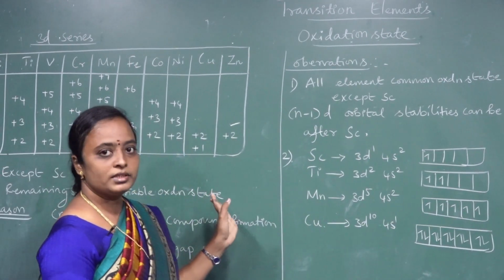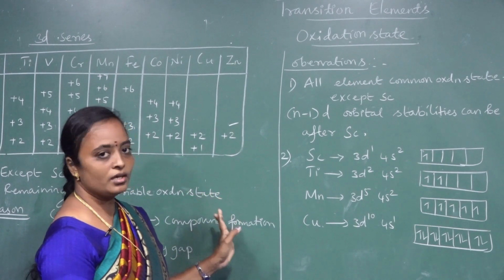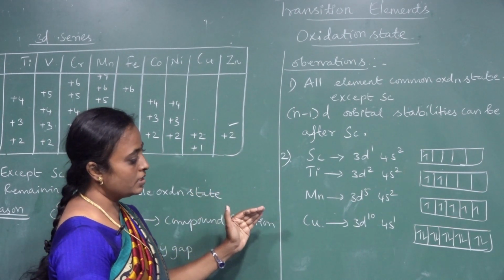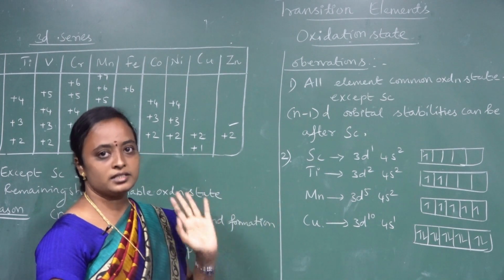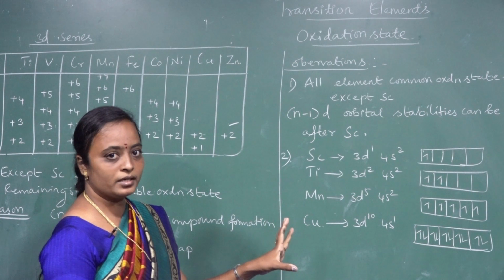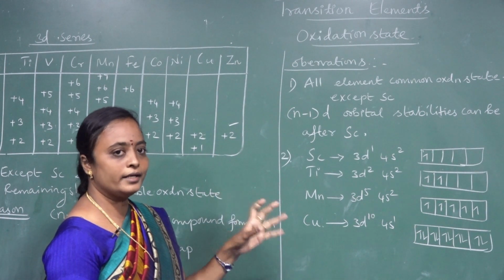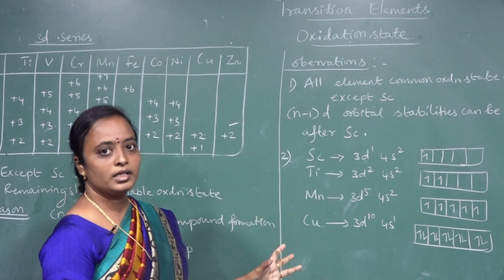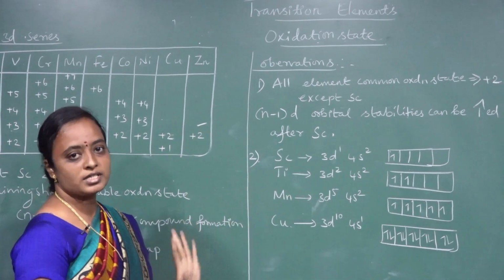at the beginning of the series, the oxidation state is going on increasing. So, the oxidation state of any metal is related to, or depends on, the number of d electrons available.